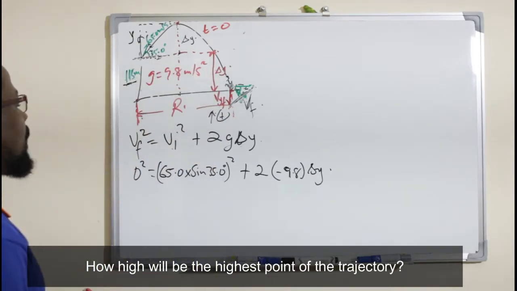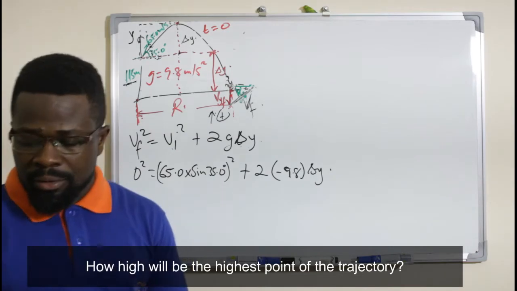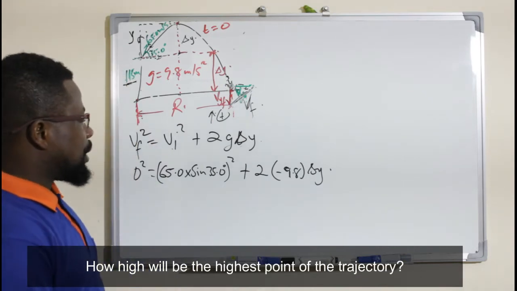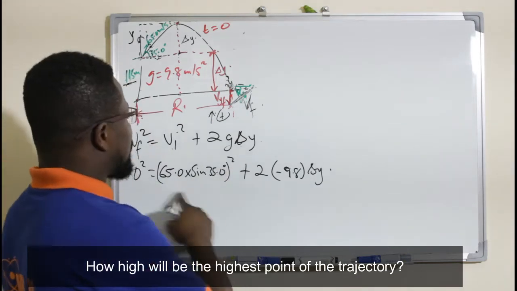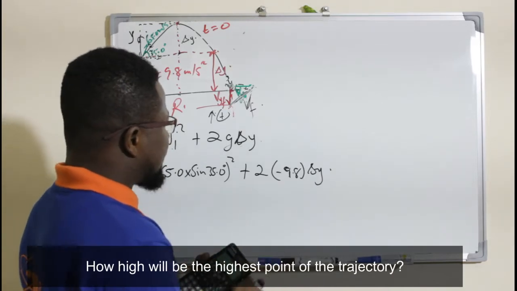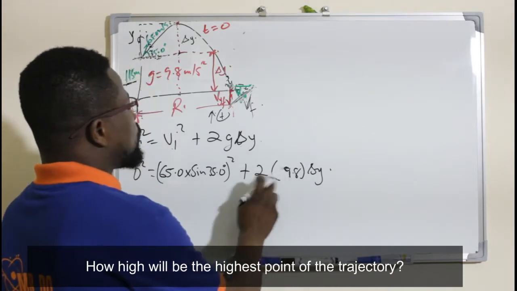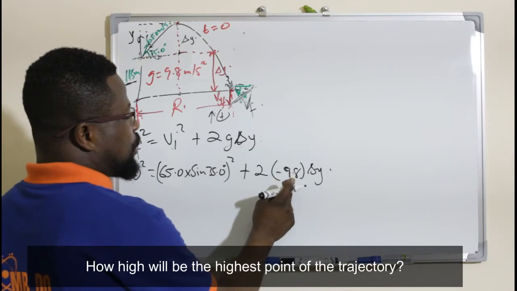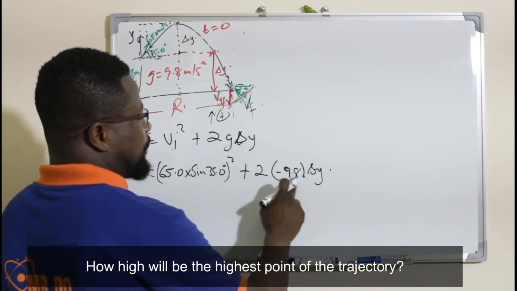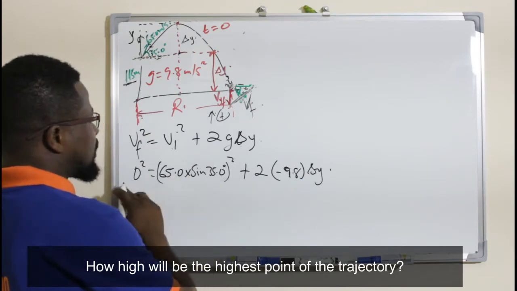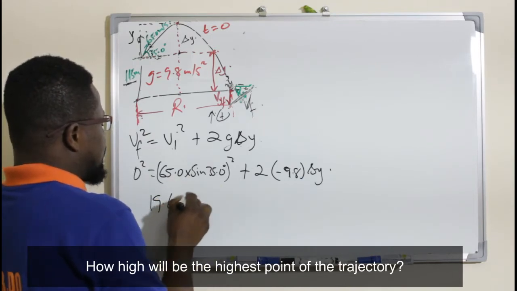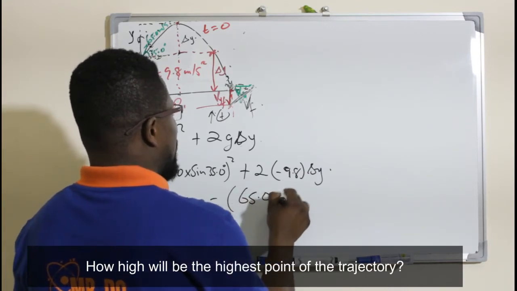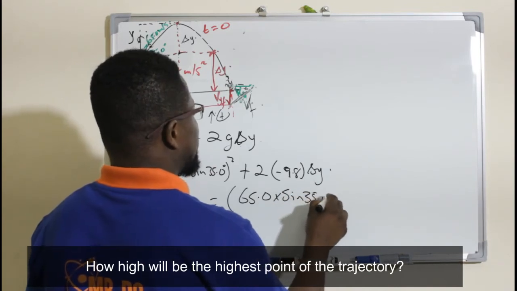And then we need to do the calculation from here. Let's try and simplify something first before we punch it into the calculator. If I multiply this by this, it will give me a negative value times this, so I'm going to transpose that. Multiplying this by this gives me 19.6. So negative 19.6 multiplied by delta y, and I'll transpose that. So that is going to give me 19.6 change in y is equal to all that value we have there, 65.0 multiplied by sine 35.0 degrees, squared.